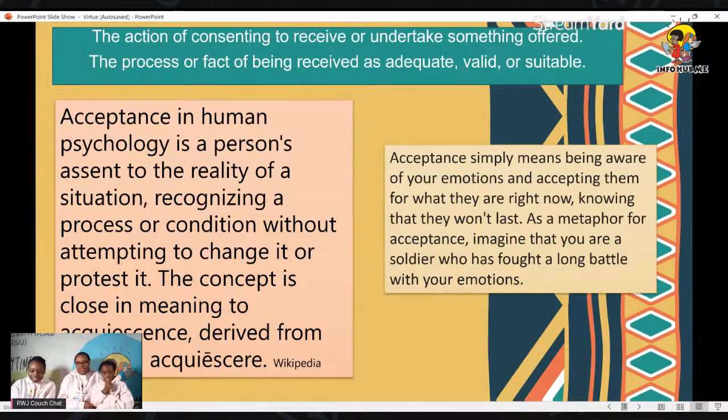So that means that acceptance starts from you as a person. You accept who you are, rather than trying to conform to what society says about you or has defined you to be. There's nothing wrong with being a tomboy if that's who you are. There's nothing wrong with being antisocial, if that's who you are.